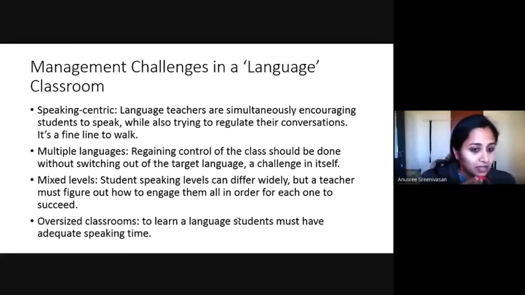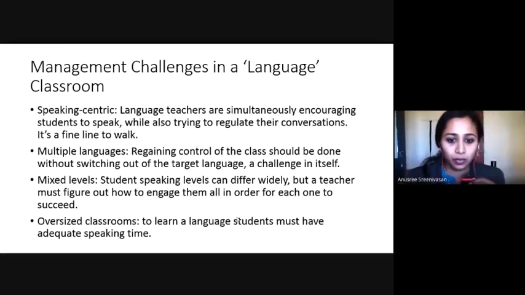Another issue is multiple languages. Regaining control of the class should be done without switching out of the target language. That means you must make sure that you speak only the target language in the class, and let the students also use only the target language. Now, that is a challenge in itself. Another challenge is the mixed level of the students.